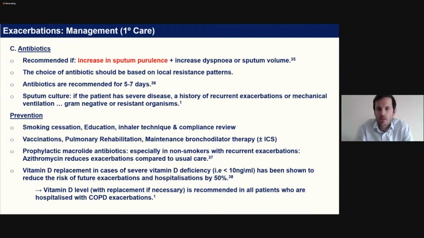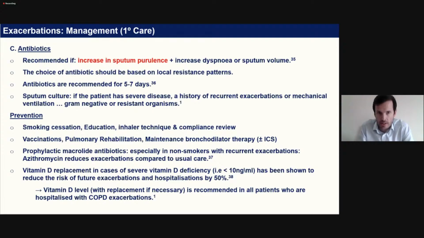The choice of antibiotics should be based on local resistance patterns, and coamoxiclav or macrolide or tetracycline are the typical broad-spectrum empiric choices. Antibiotics are generally recommended for 5 to 7 days. A sputum sample should be sent for culture if the patient has severe disease, a history of recurrent exacerbations or mechanical ventilation, to screen for gram-negative or resistant organisms.